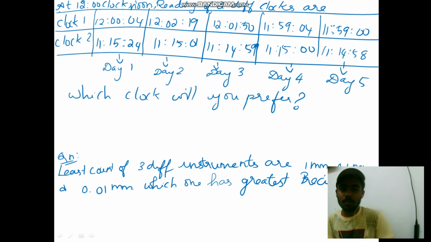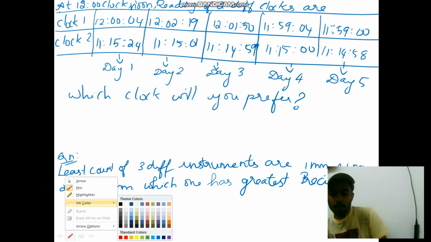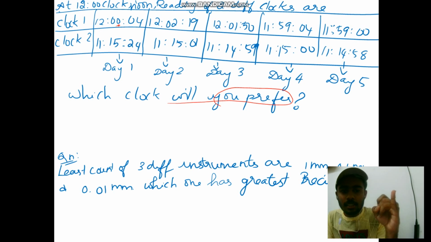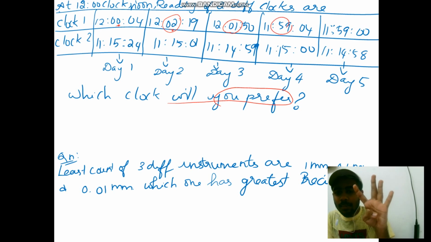This is a common type of numerical. At 12 o'clock noon, two different clocks are recording two different times. Which of the clocks will you prefer? Like this they will ask. See here, 0th minute, first minute, second minute, 59th minute and 59th minute, so the clock differs by 4 minutes, and the range is 4 minutes.